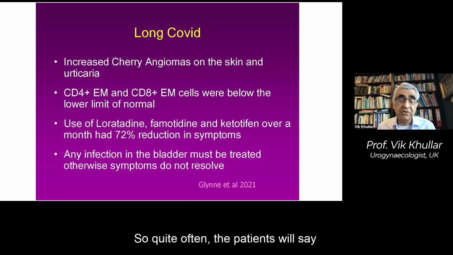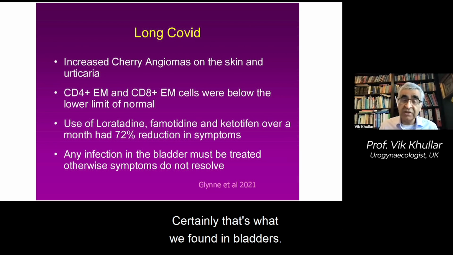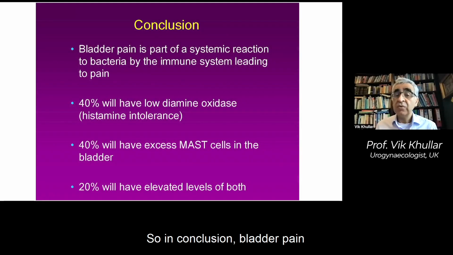So quite often the patients will say their brain fog and fatigue has disappeared, but if there's an organ which specifically still has symptoms, one should be looking for some kind of infective etiology in that organ. Certainly that's what we found in bladders. So in conclusion, bladder pain is part of a systemic reaction to bacteria by the immune system leading to pain.